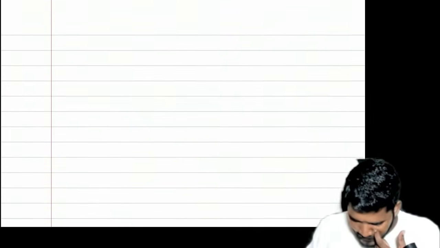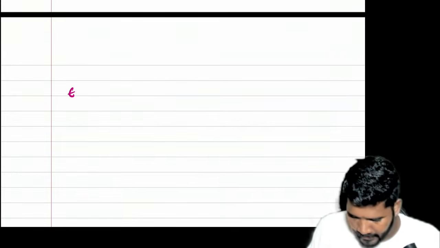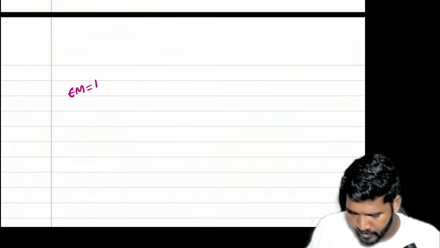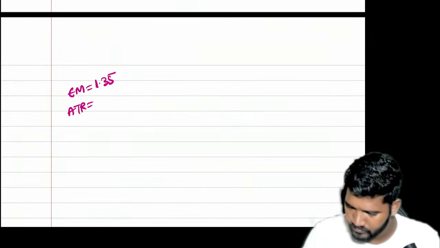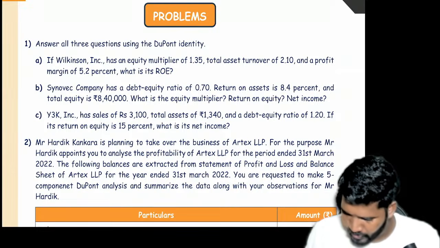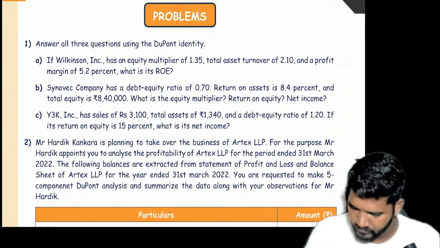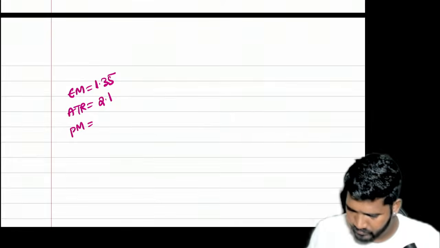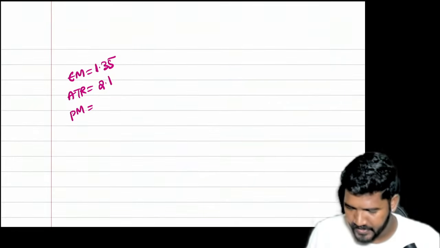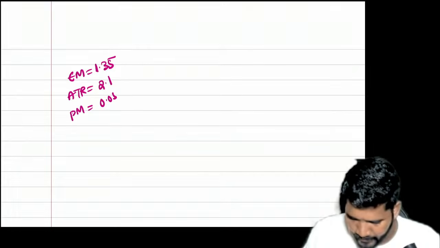So what are the given values? Equity multiplier 1.35, asset turnover ratio 2.1, profit margin 5.2%, it means 0.052.